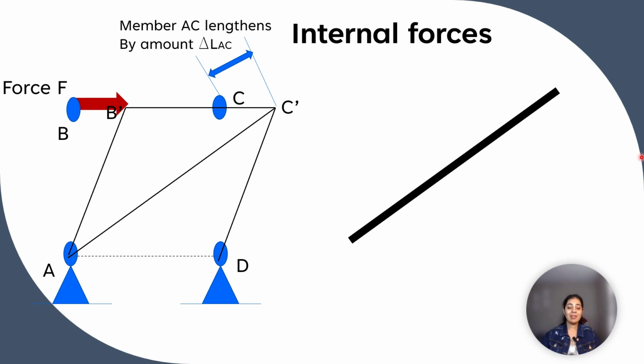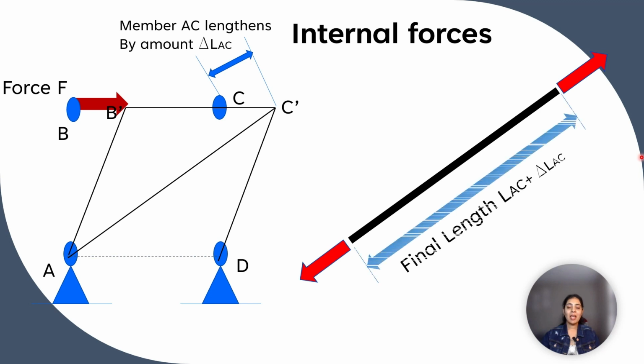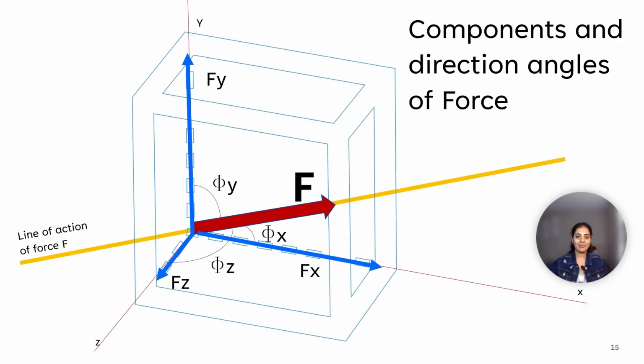The member AC has lengthened by an amount delta LAC, and the forces acting at the ends of AC, TAC and TCA, are the internal forces. Tensile forces acting on the member AC. This is the force F.